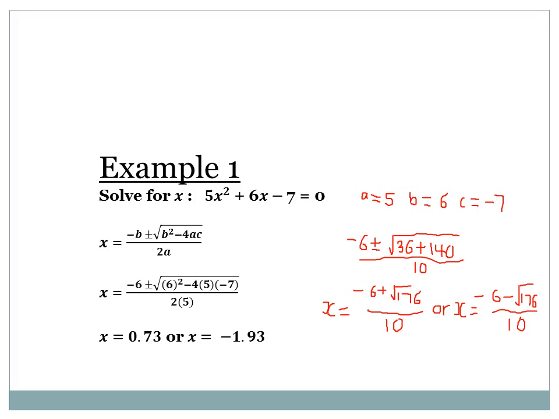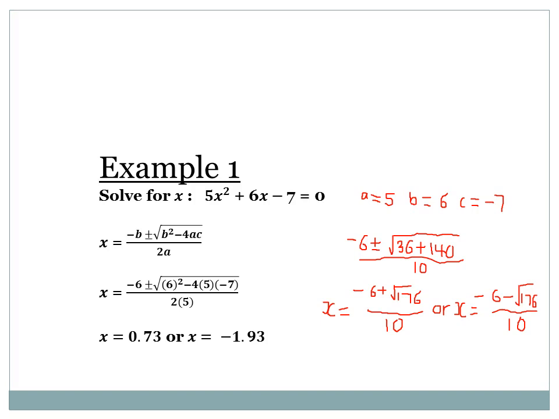So in the root sign, we are going to have 36 plus 140. We are going to have 176. So therefore, we are going to have negative 6 plus or minus the square root of 176 divided by 10.